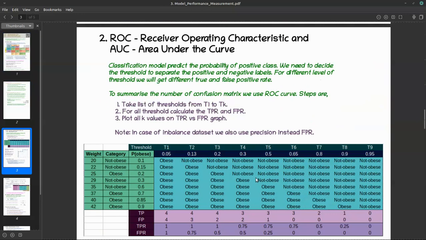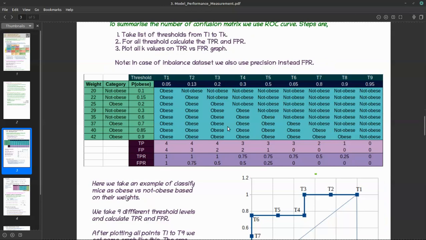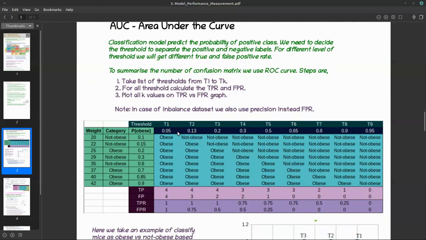ROC AUC curve. ROC is nothing but the receiver operating characteristics, and it is very useful, and it has some limitations also. ROC is calculated using different thresholds, right?